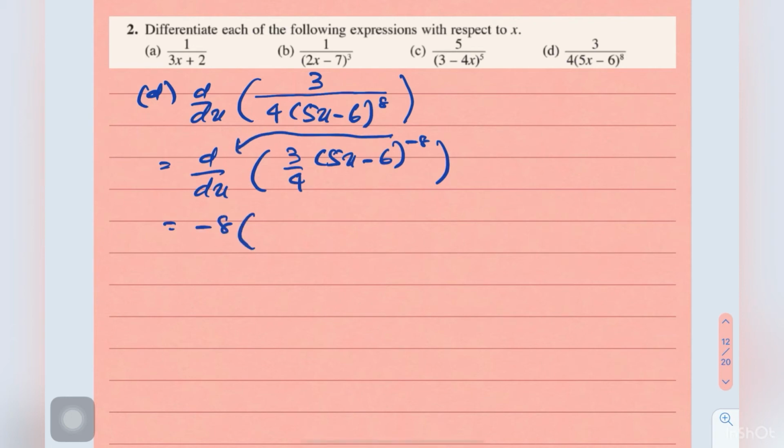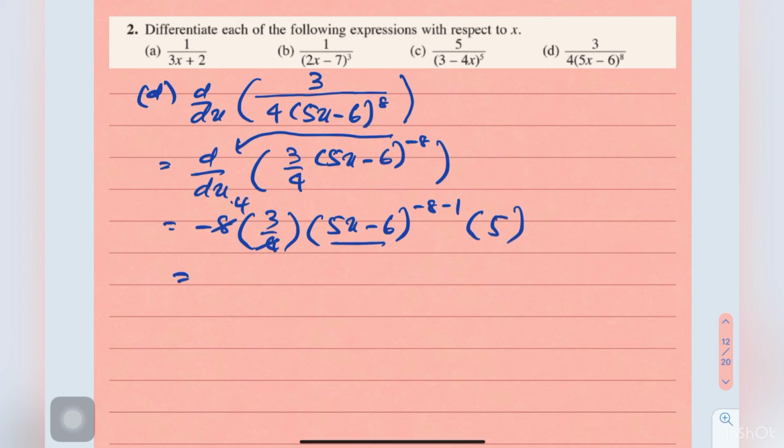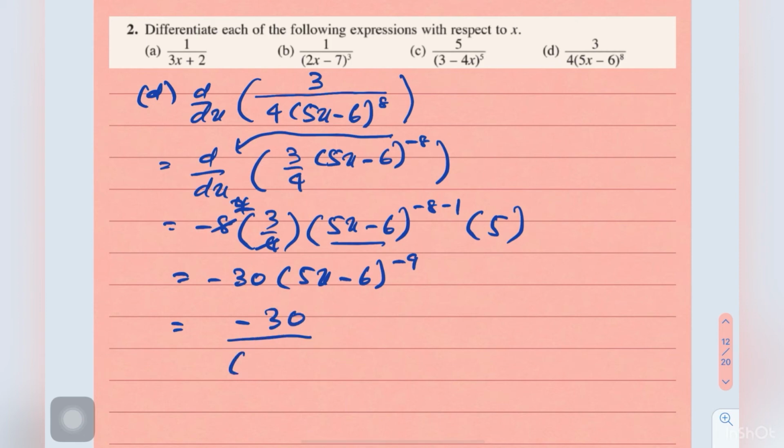Negative 8 times 3 over 4 times (5x minus 6) to the power of negative 8 minus 1, times 5. Okay, negative 6 times 5, negative 30 (5x minus 6)^(-9), or negative 30 over (5x minus 6)^9.